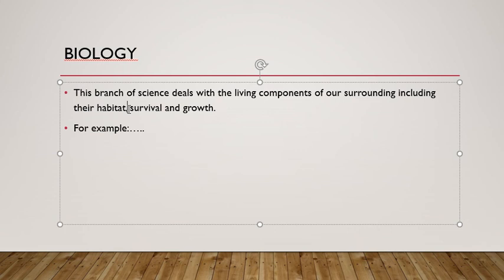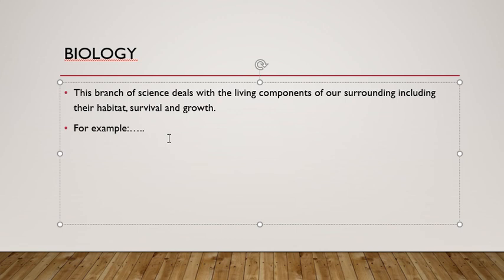Like for a fish, water is their surrounding. For humans, air or land is the surrounding. In that way, we can say that biology deals with only those living things and the place they live in.